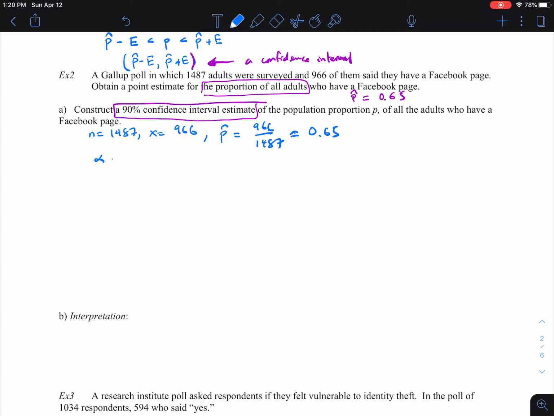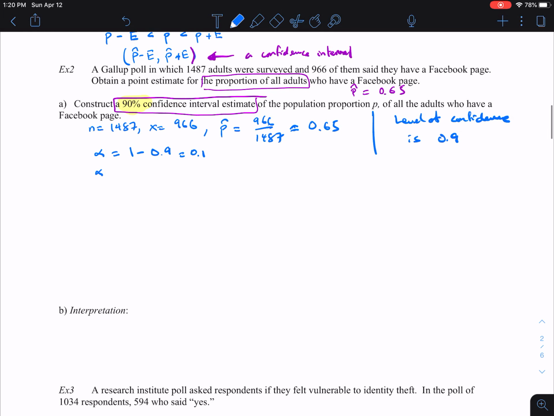The next thing you want to do is look at alpha. What is the significance level? That is 1 minus the level of confidence, which is 0.9. That will give you 0.1. So a 90% level of confidence is 0.9. Next, figure out alpha over 2.